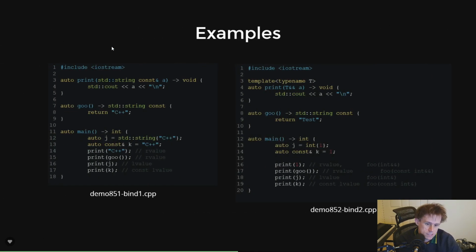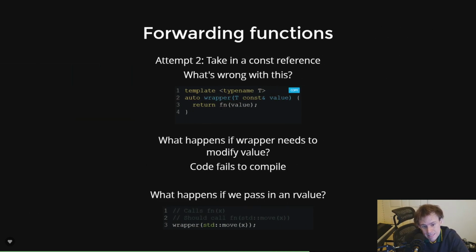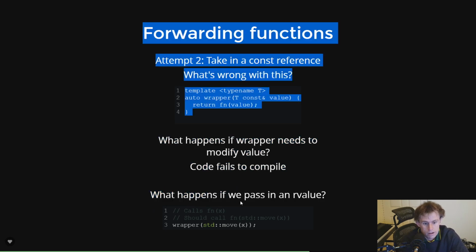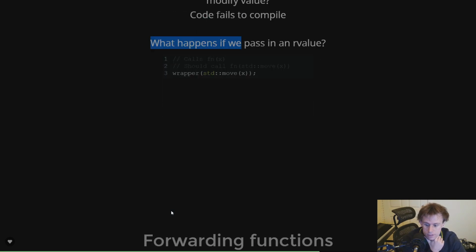Because in the previous examples, while something like this did work, it doesn't work for times when we actually need to modify A. It only works for times when we want to deal with it as const. So while this does allow most things to bind to it, it leads us to a problem where if we try to pass in a non-const, or in this case an R-value reference, you just can't modify it because it gets bound to an L-value reference.